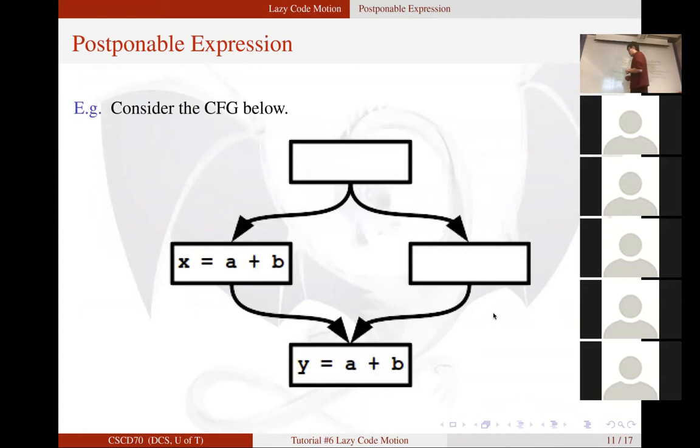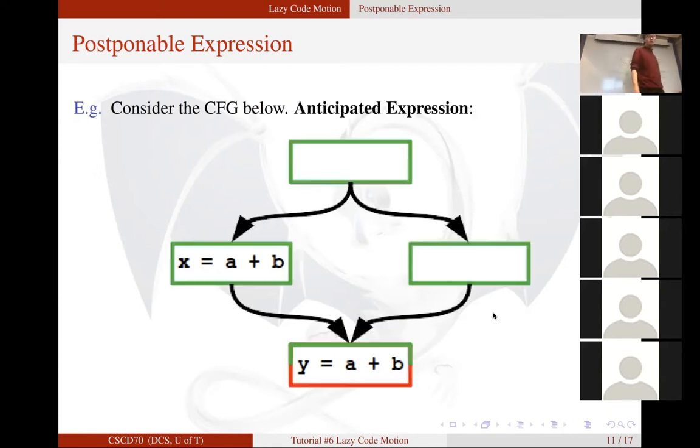Okay, so let me quickly go through the examples that we had. So this simple example that we had. Let us now go back to this simple example. Suppose that we have this control flow graph. We have a partial redundancy on the left program path. Let us again follow the steps that we laid out here.